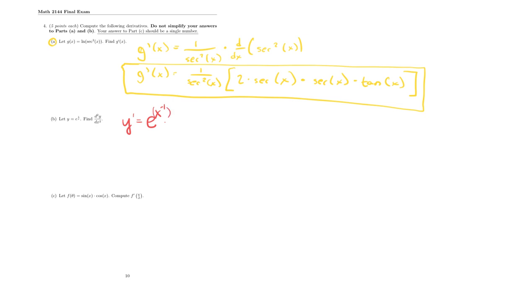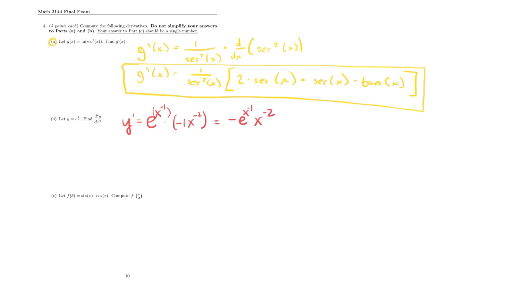And then the derivative of that will be negative 1 x to the minus 2. And so if I write that out, that will be negative e to the x to the minus 1 times x to the minus 2.